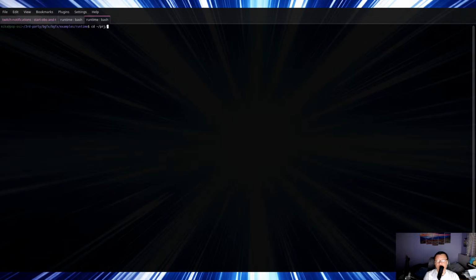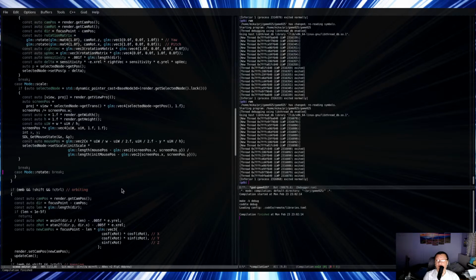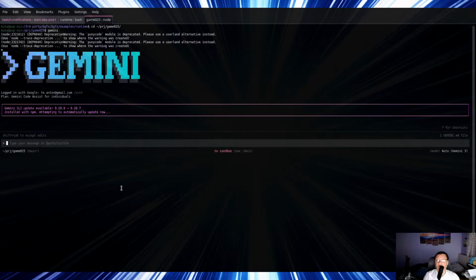Let me see if Gemini would be able to help me. So, project game 0 Gemini. I am struggling with matrix math in this part of the code.